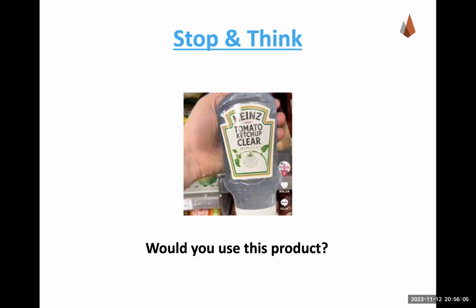It says Heinz tomato ketchup clear. For exemplar theory, we would compare this to our exemplar for ketchup and compare the similarities and dissimilarities. I'm going to say, how did this become clear? Most ketchup that we use is red. And in fact, if it's been sitting out too long, it'll be a darker red and we don't use it. I'm not in favor of clear ketchup, but would you use it?